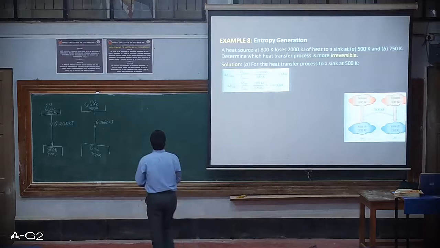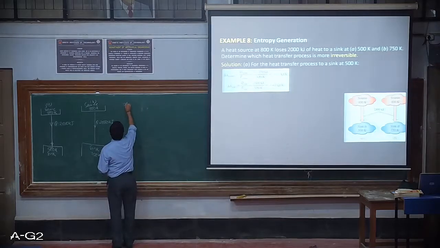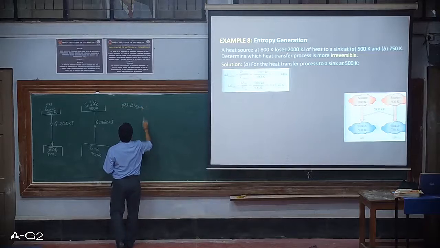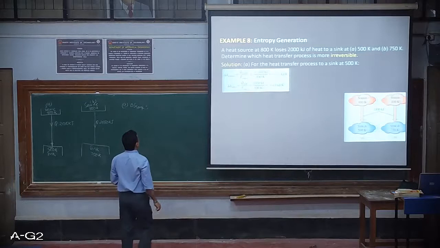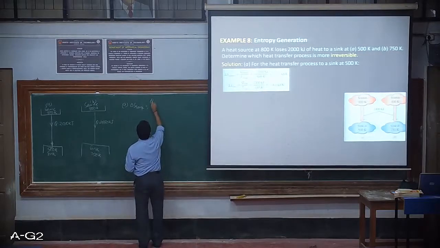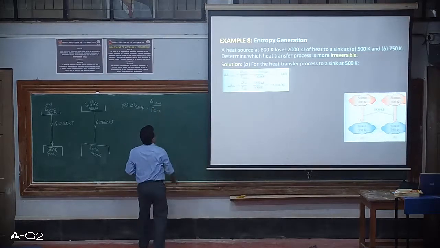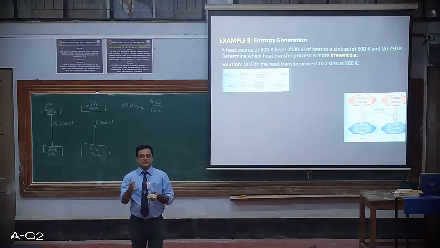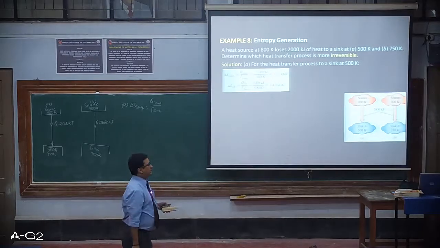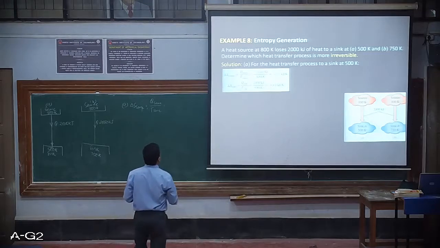For case A, delta S of the source, the entropy for 800 Kelvin, is Q of source divided by T of source. So entropy S is Q by T. Always we have to remember the same thing and then calculate.